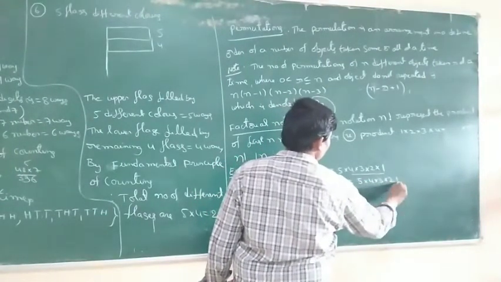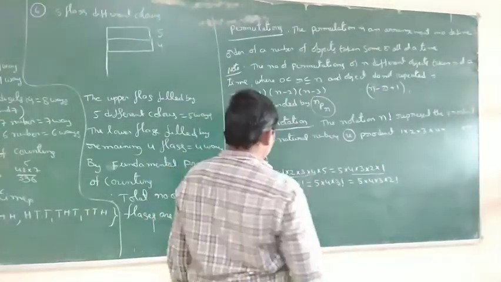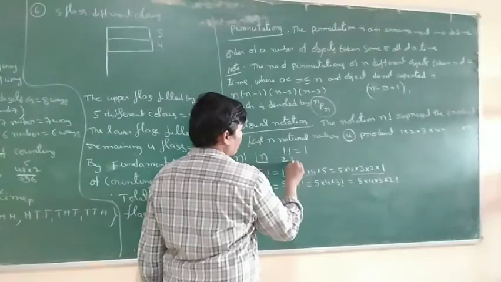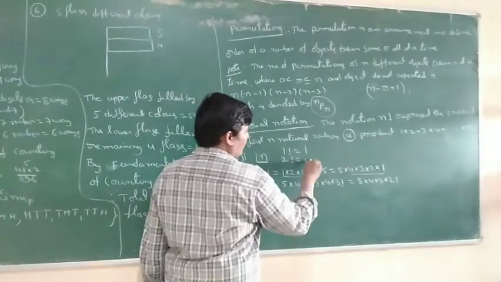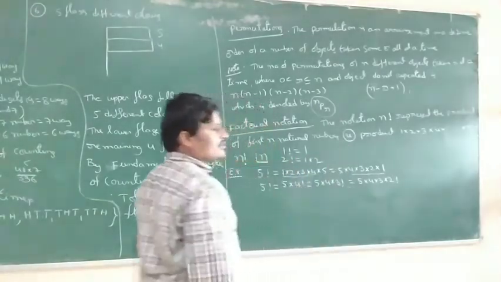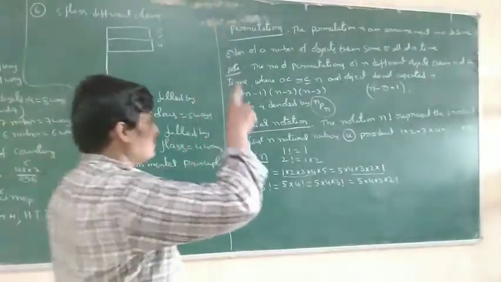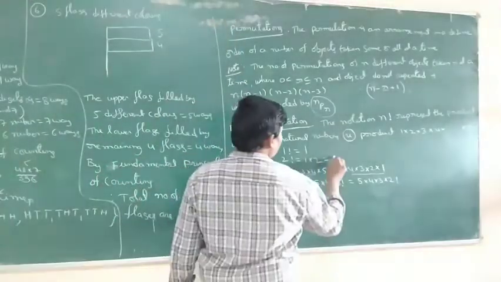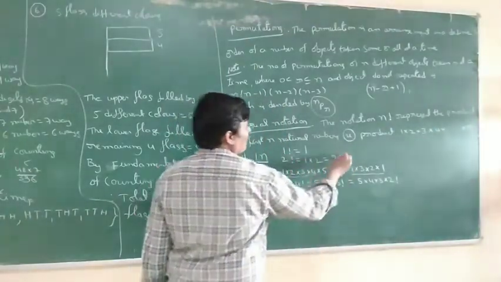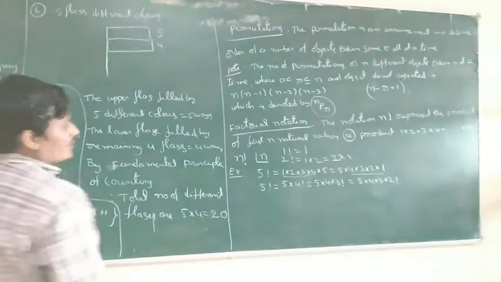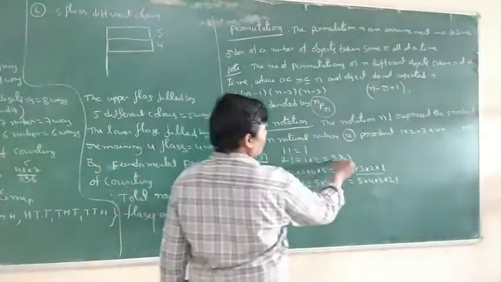Or 5 into 4 into 3 into 2 factorial. So 1 factorial is equal to 1. 2 factorial is equal to what? 1 into 2, starting from 1 up to the last number 2, or first the number down to 1. So 2 factorial is 2 into the next one, 1.